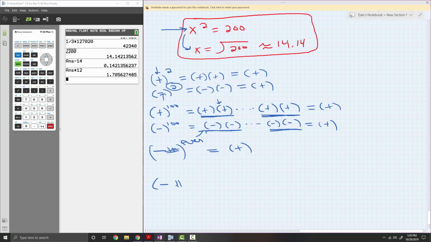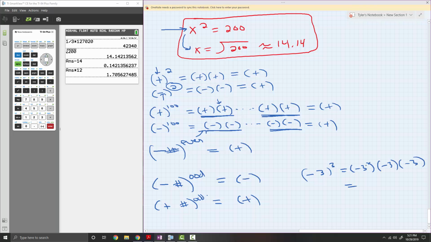But as you can imagine, if I take a negative number and I take it to an odd power, that's always going to give me a negative number. If I take a positive number to an odd power, that, of course, would be a positive number. So, for example, if I take negative 3 cubed, this would be negative 3 times negative 3 times negative 3.